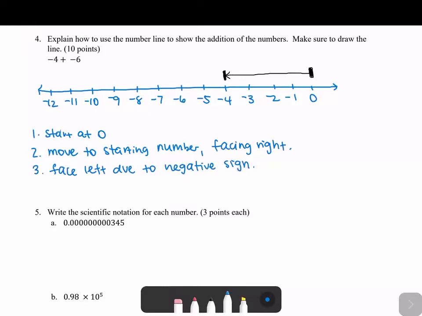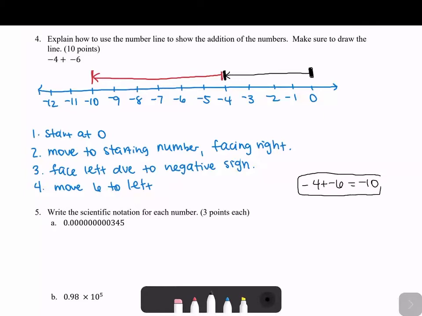And because right after that negative sign is the value 6, we are going to move 6 to the left. So we go 1, 2, 3, 4, 5, 6. So we go 6 to the left, and this tells us our answer. Negative 4 plus negative 6 is negative 10.